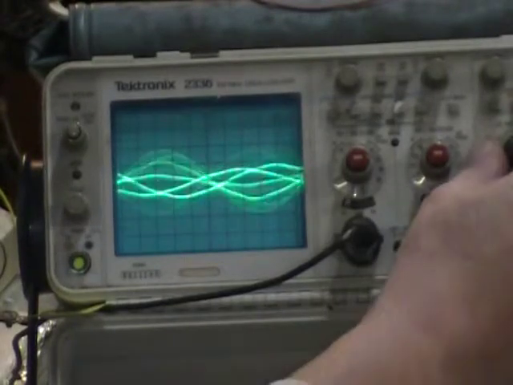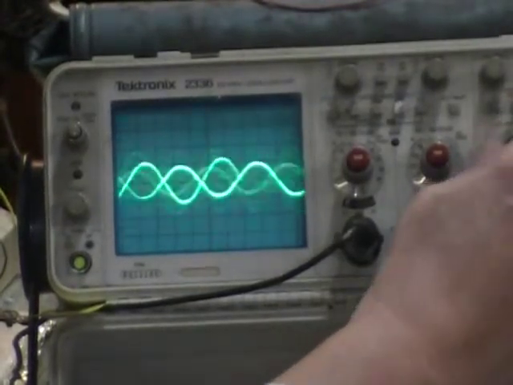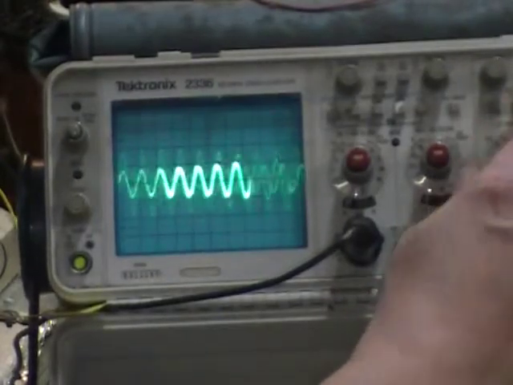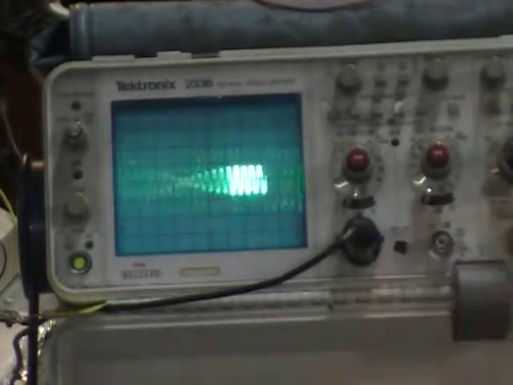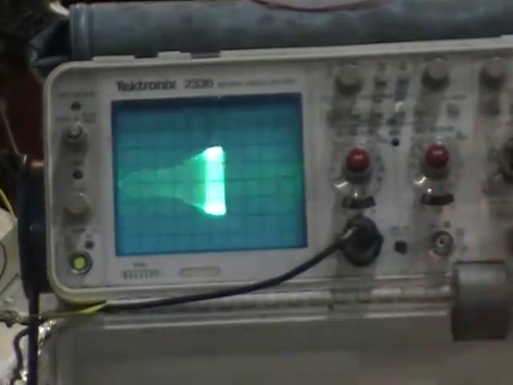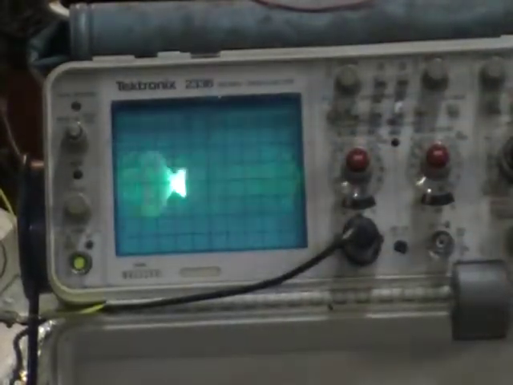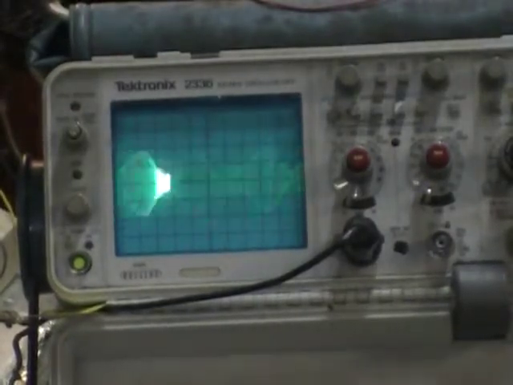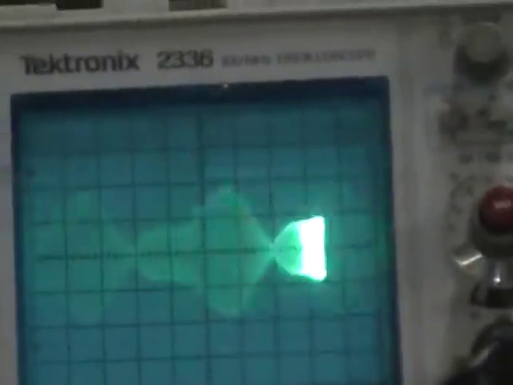So we're at 0.2, 0.5, 1, 2, 5 milliseconds per division, we can see the influence of the time. Further at 10, and finally best at 20. This is a good scope where we can record these things. So we got a pretty good signature there at 20 milliseconds per division.